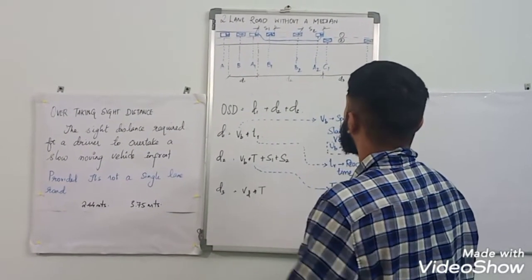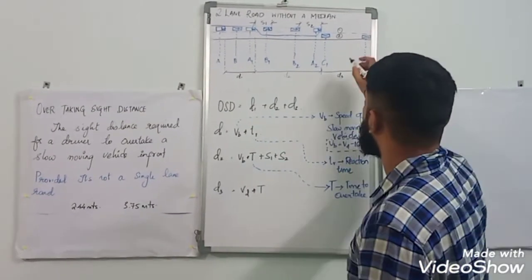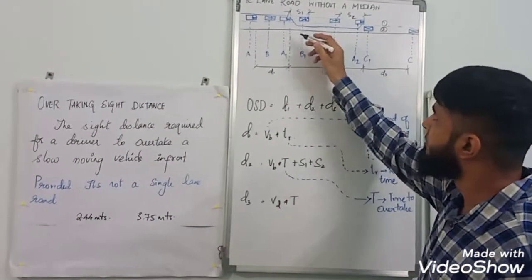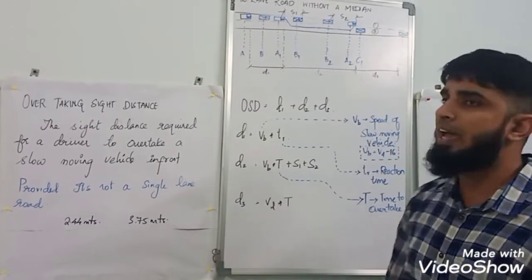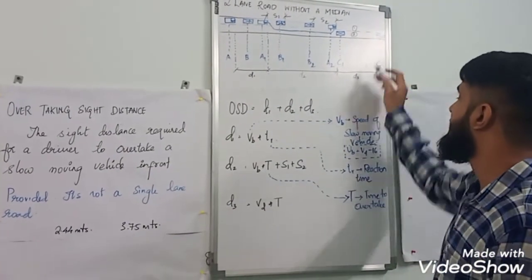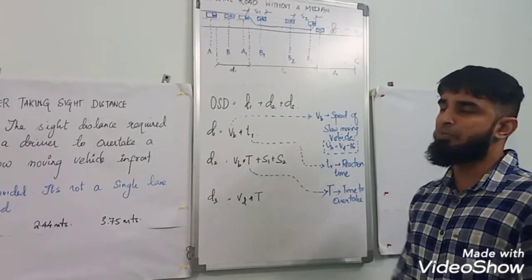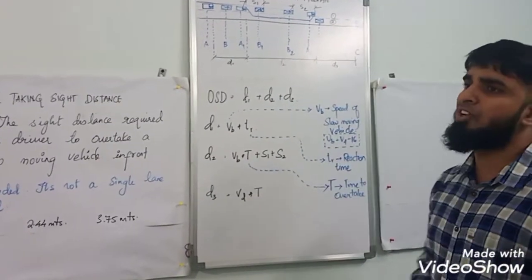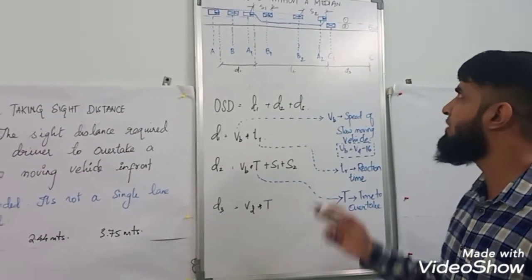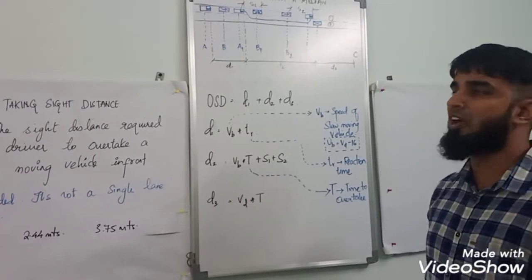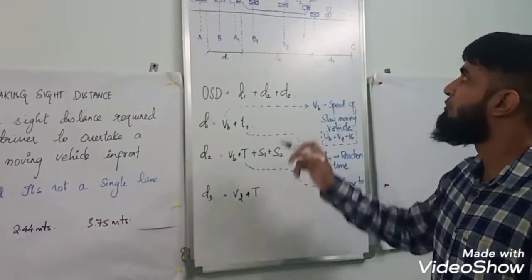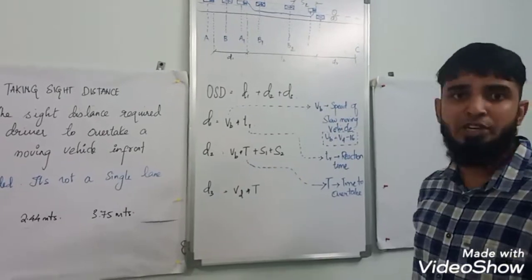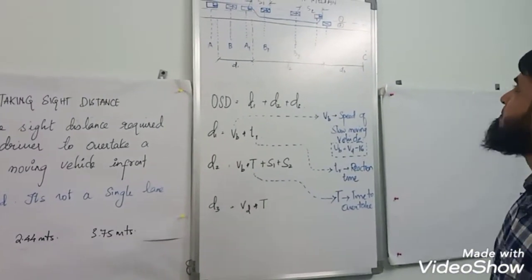And the next part is D3, where, as I have already mentioned, the moment vehicle A has started to overtake, vehicle C has appeared. Now, vehicle C will not encounter any kind of slow-moving vehicle in front of it, and hence it will be traveling at the same speed for which the road has been designed. So it would be design speed, VD.